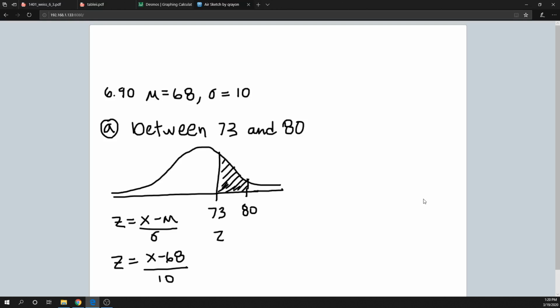So z equals 73 minus 68 over 10. 73 minus 68 comes out to be 5, so we have 5 over 10, which is a half.